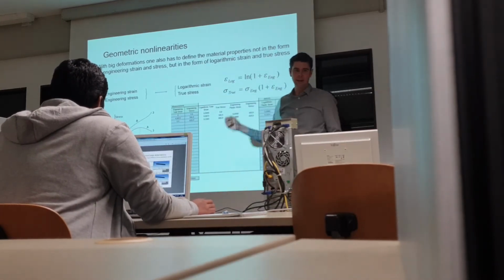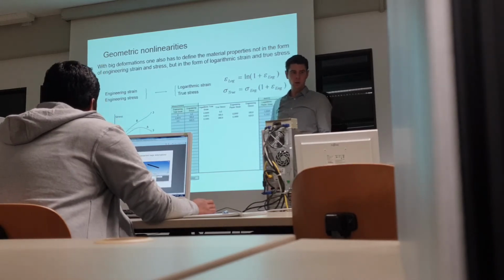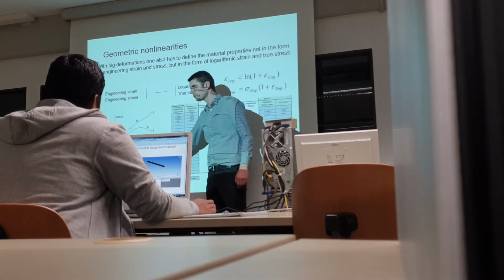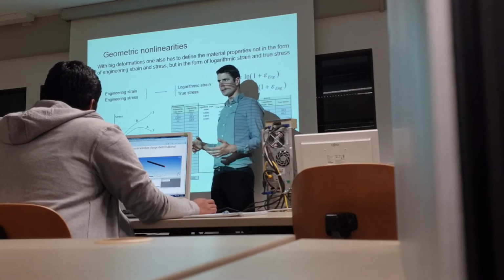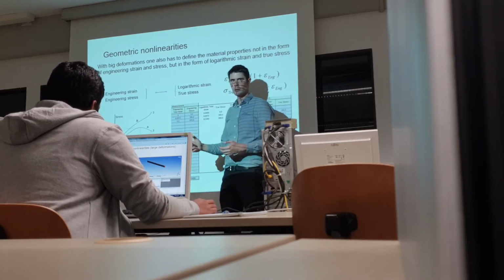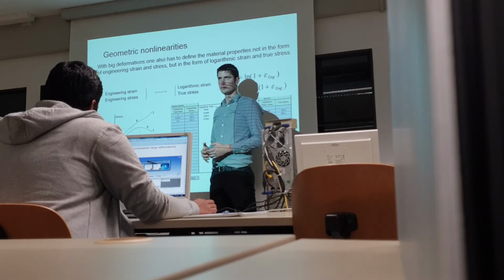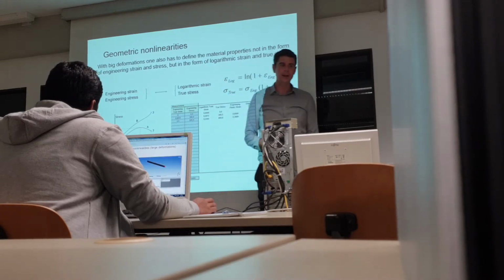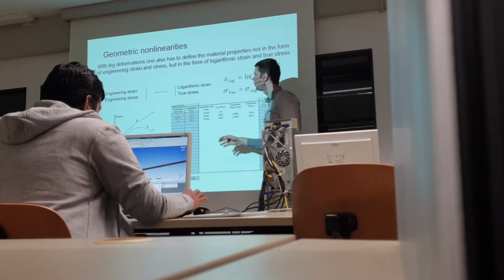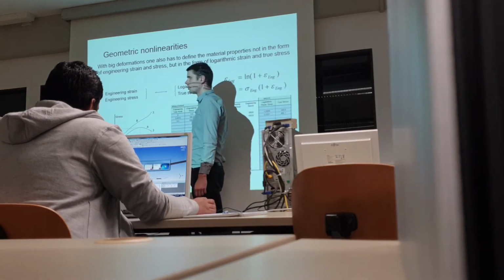And this is the problem. I need to recalculate, because ANSYS always calculates with this true stress line. ANSYS assumes that what we define is the true line. So it is absolutely correct if we always make a calculation from engineering to true stress.